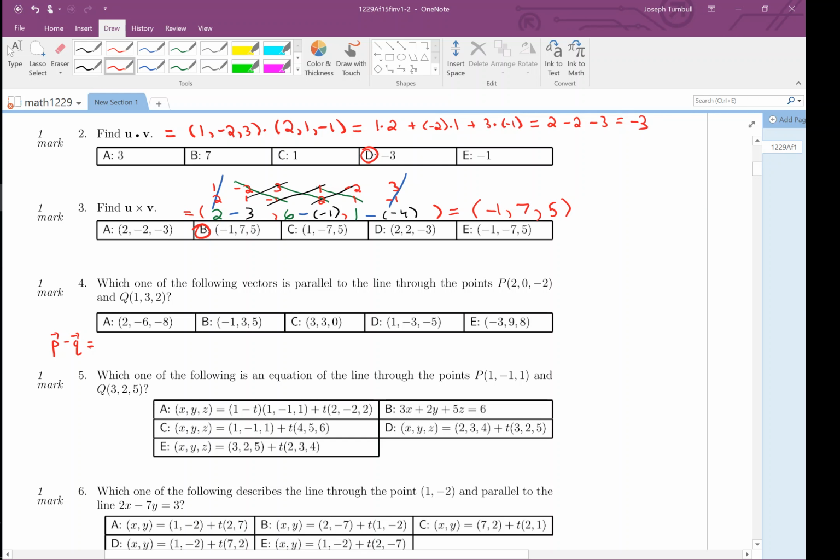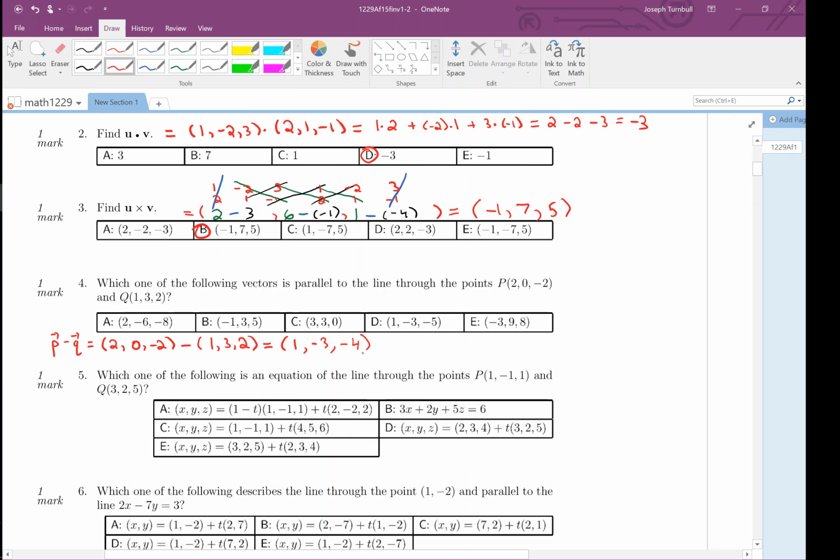So 2, 0, -2, minus -1, 3, 2. And what we get, the answer may be a multiple of this. So we have to multiply a result by a scalar to make it match. Because multiplying by a scalar leaves it parallel. 2 minus 1, 1. 0 minus 3, -3. -2 minus 2, minus 4.